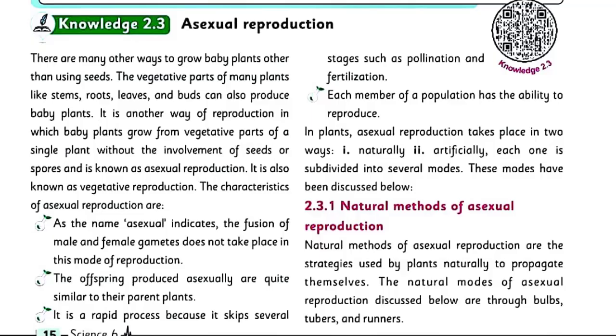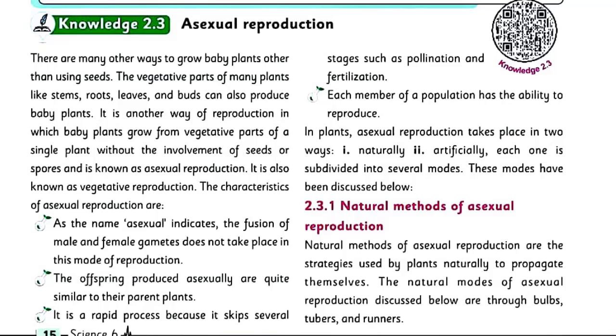It is another way of reproduction in which baby plants grow from vegetative parts of a single plant without the involvement of seeds or spores, and is known as asexual reproduction. It is also known as vegetative reproduction.